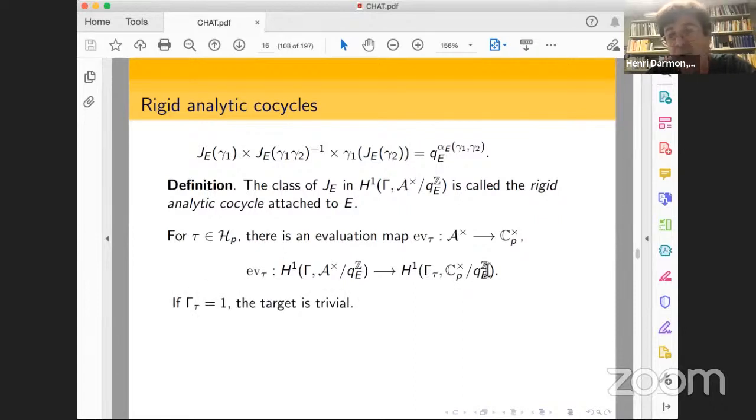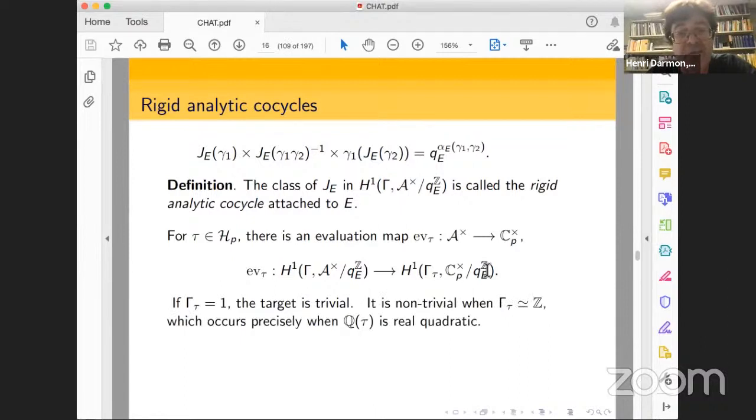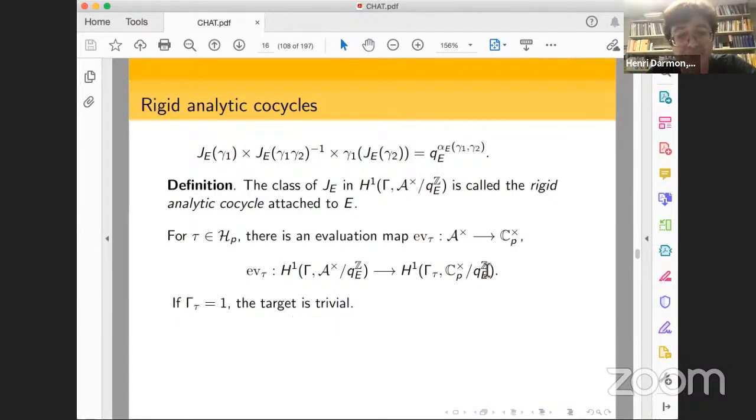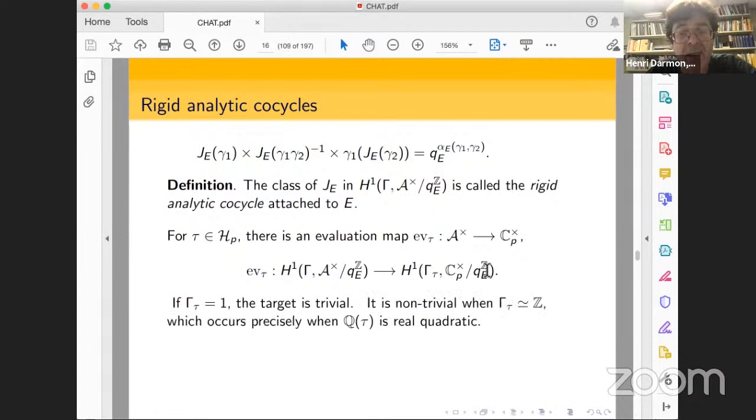So if this stabilizer is trivial, which is what happens for most taus on the upper half plane, then this construction is not interesting at all. But it is non-trivial when the stabilizer is cyclic. And that happens precisely when the field generated by tau is a real quadratic field.